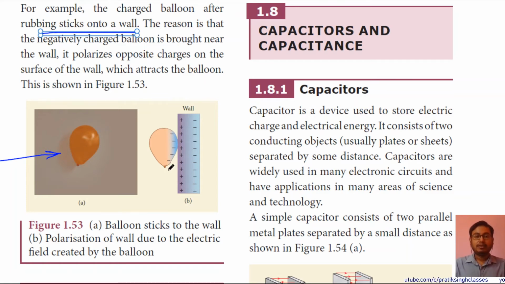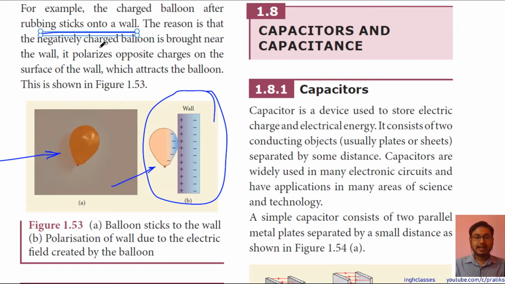But when a charged balloon is brought near the wall, the balloon contains a high number of electrons, or negative charges. Because of that, the positive charges of the wall align towards this negatively charged balloon, and there is a force of attraction between the wall and the balloon.